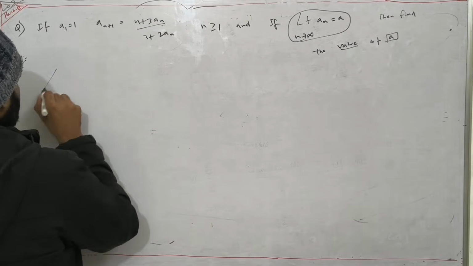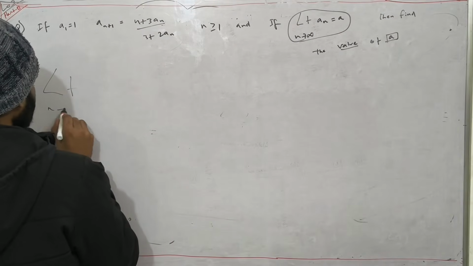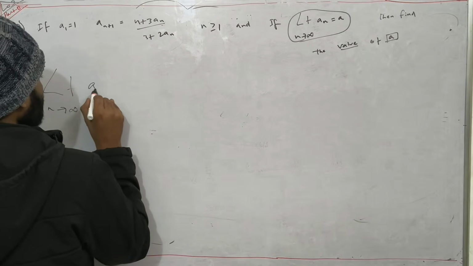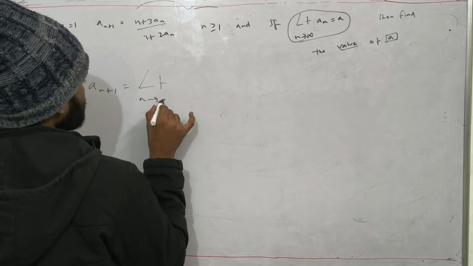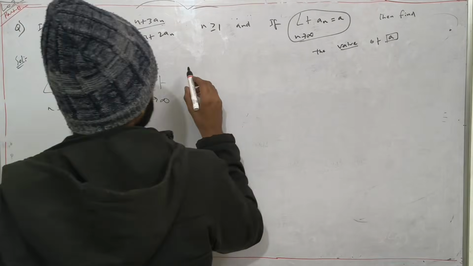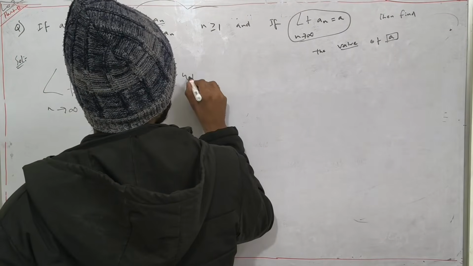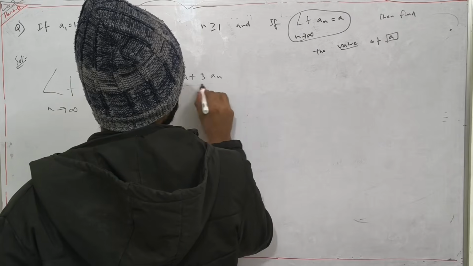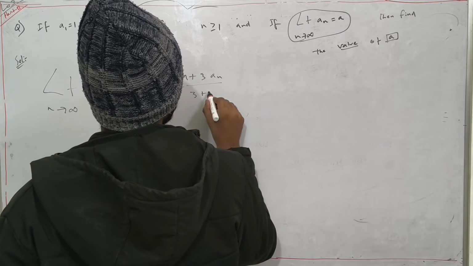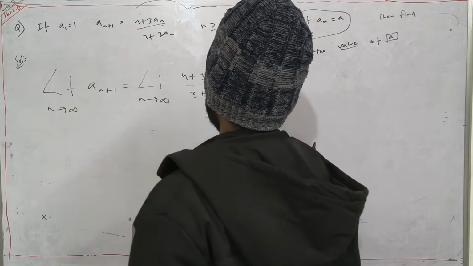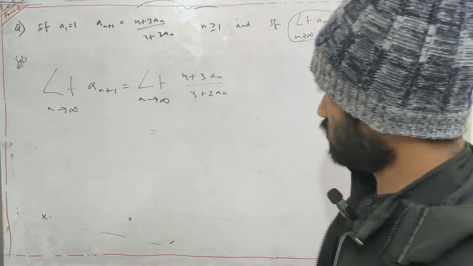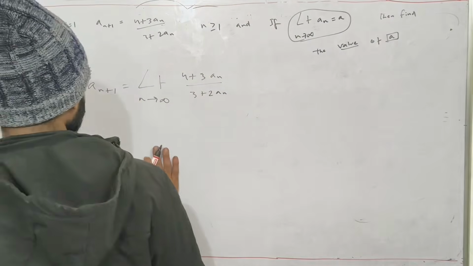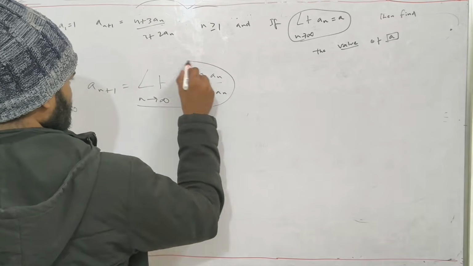We can apply limit n tends to infinity a(n+1) equals limit n tends to infinity (4 + 3an) by (3 + 2an). Okay, good. Let's take this.